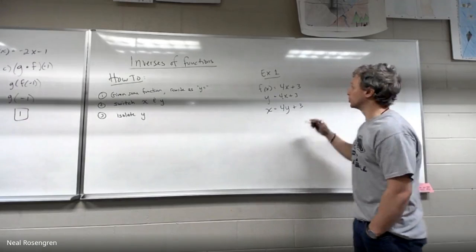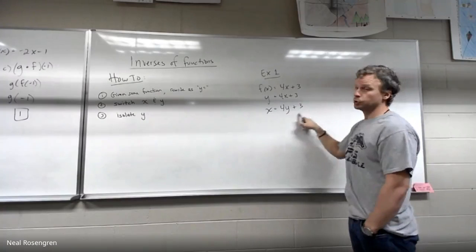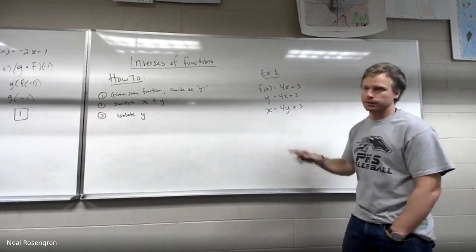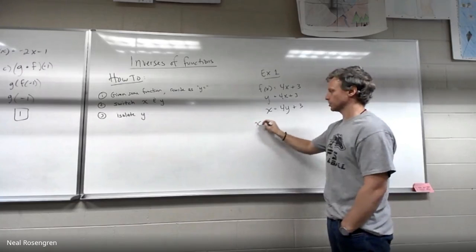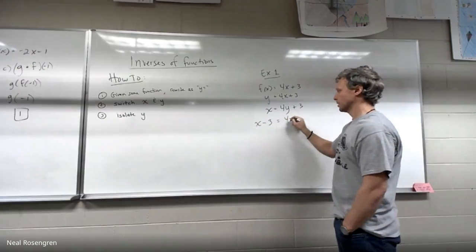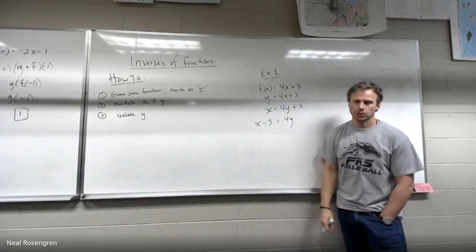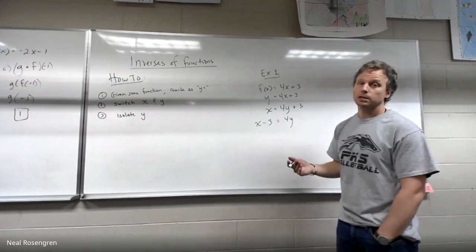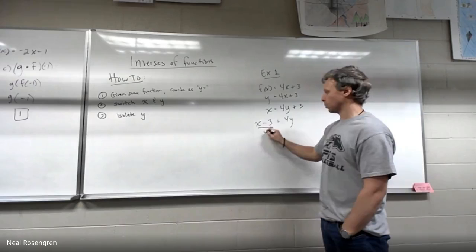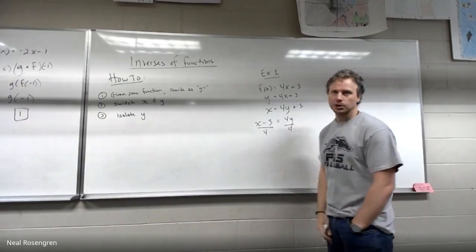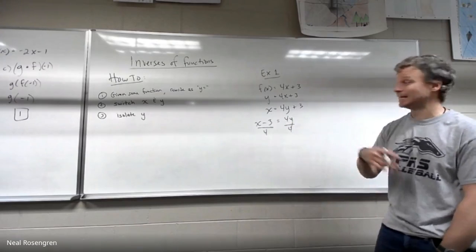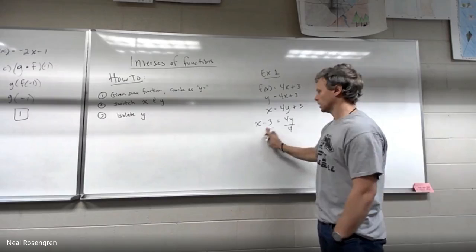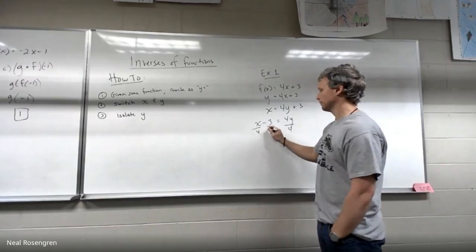Usually a good way to do that is to undo the order of operations going backwards. Take care of any addition and subtraction first, so subtract 3 on both sides. Addition and subtraction done. Now divide by 4. You can make one big fraction on the left-hand side, or individually divide each piece by 4.